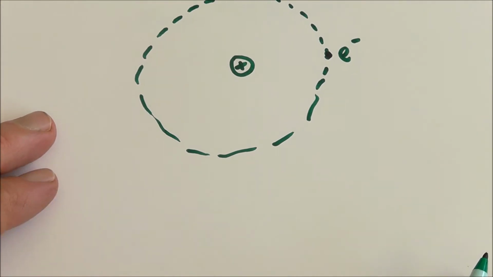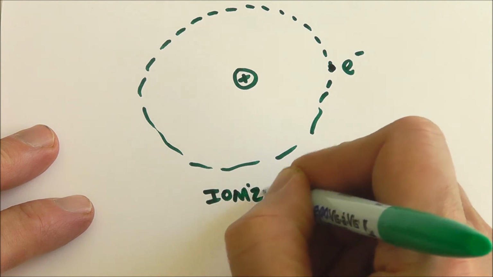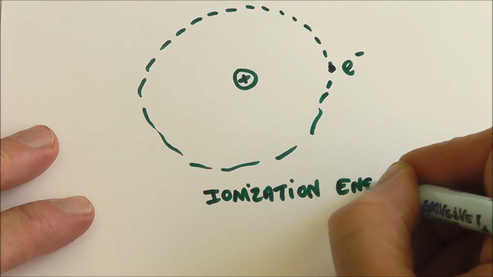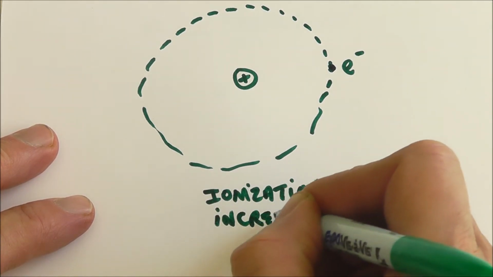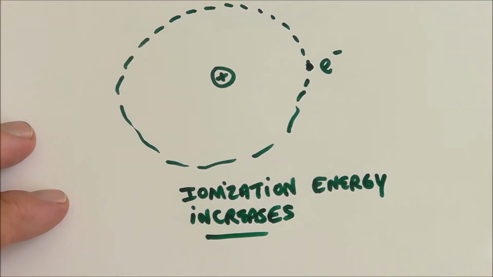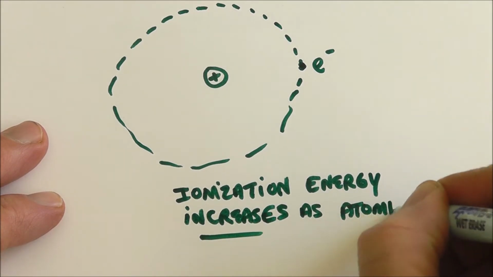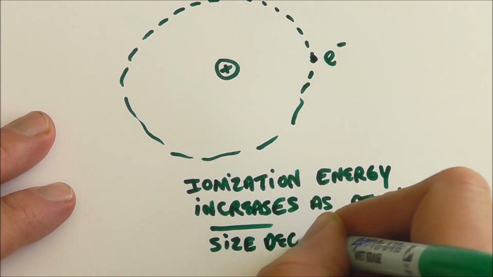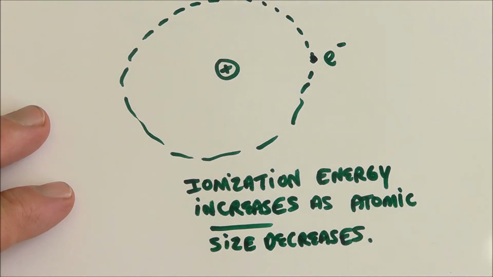So ionization energy increases as atoms are smaller. All right, so it increases as atomic size decreases.